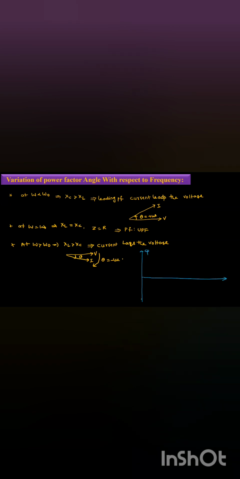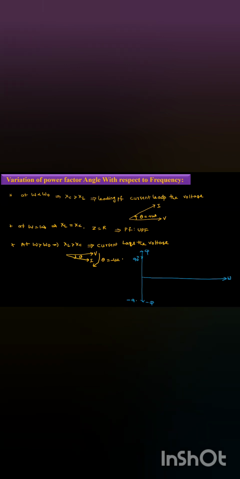Now, if you try to draw this phase angle with respect to frequency, this is also an important observation. I am drawing this characteristic, friends. This is phi, with respect to omega, and this is plus 90 degrees, and this is minus 90 degrees.